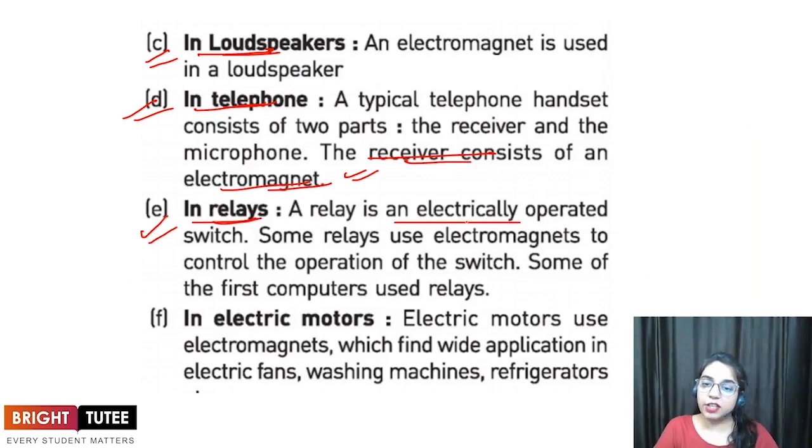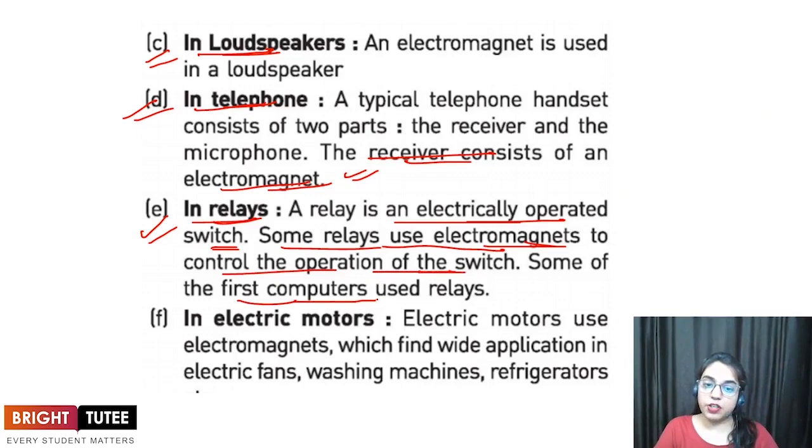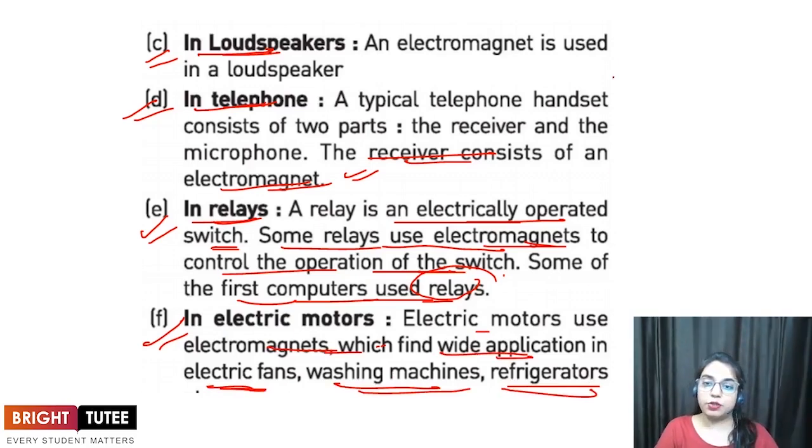Relays are electrically operated switches. Okay children, and some relays use electromagnets to control the operation of a switch. Some of the first computers used relays. Also children, electric motors use electromagnets. Motors use electromagnets which find wide applications in electric fans, washing machines and refrigerators. So these are some of the uses of electromagnets.